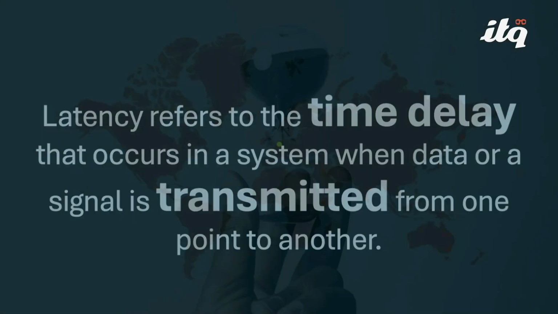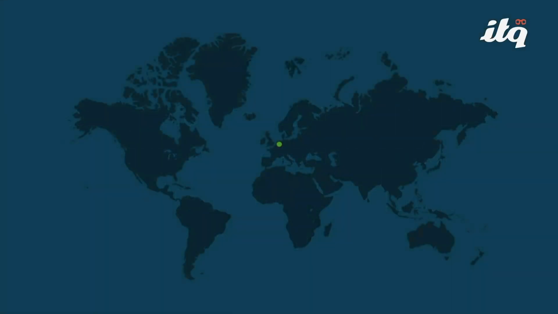So if you look at the context of the world and also with Azure, it's the latency towards the various locations. If we're located here at the ITQ office, which is near Amsterdam, the nearest location is going to be West Europe, which is a data center. Yeah, exactly, because it's a location that is near the physical location where we're at.